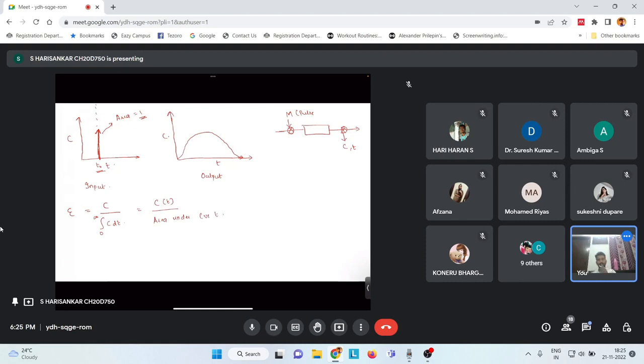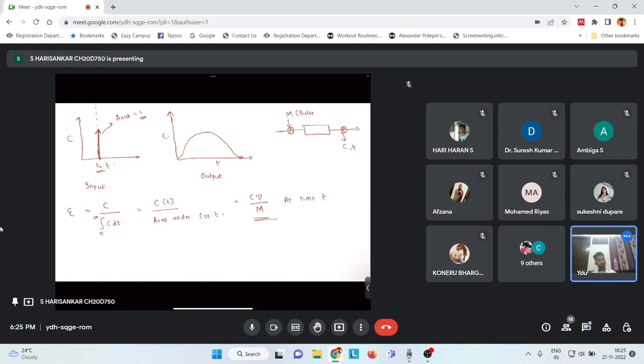And we can even have a formula like this, which is C nu by M. So this is your residence time at a given time t.